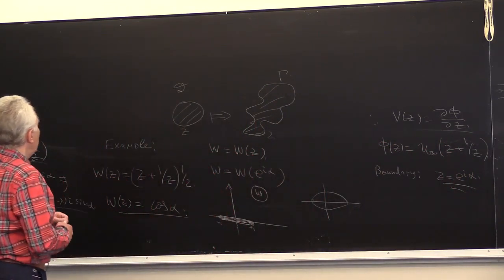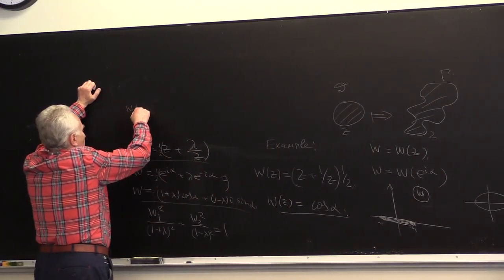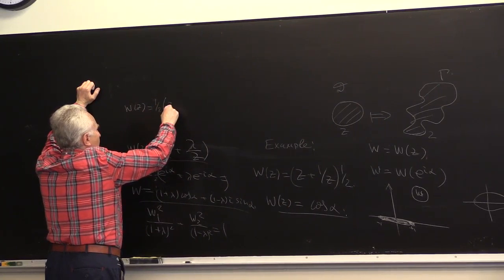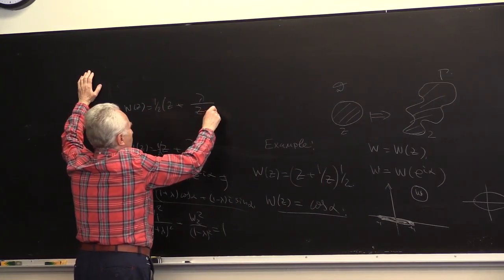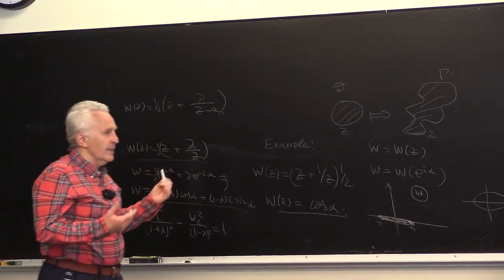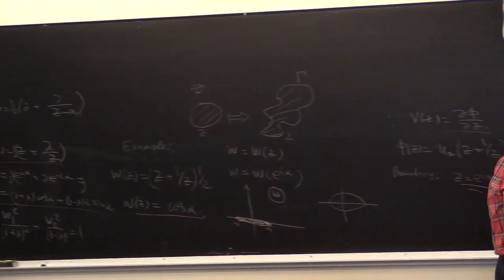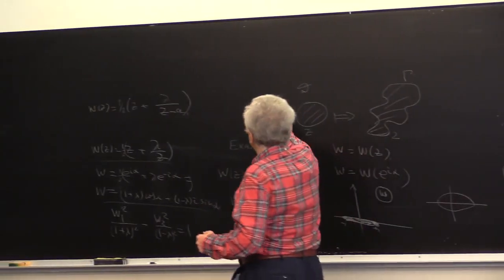Now, if you try again using the same tricks, the same function, but you have z minus a here, then you get the shape which is used to approximate airfoils.